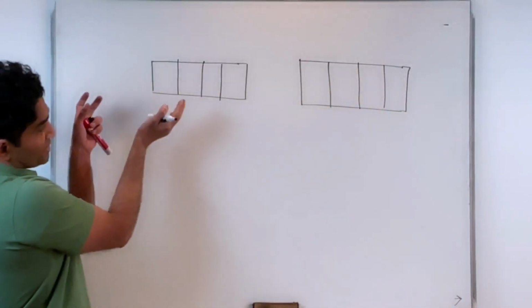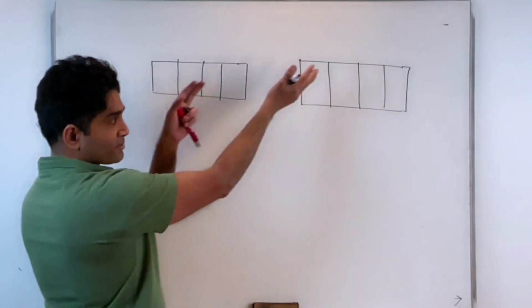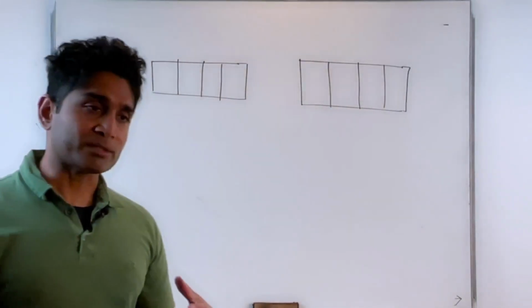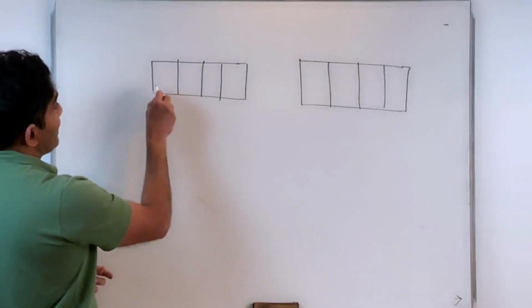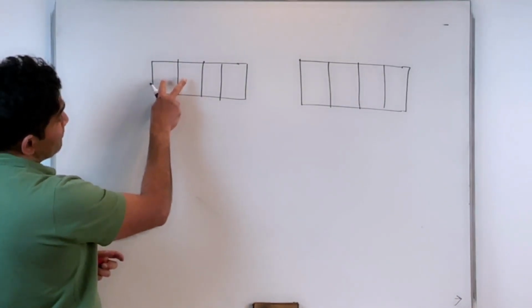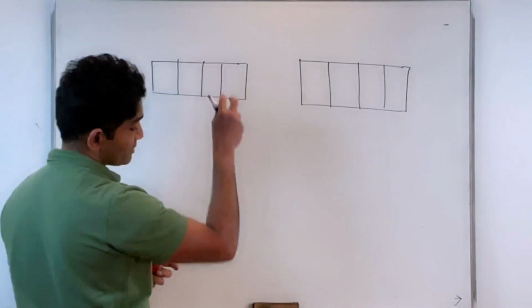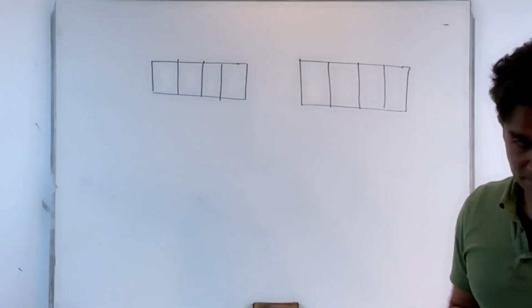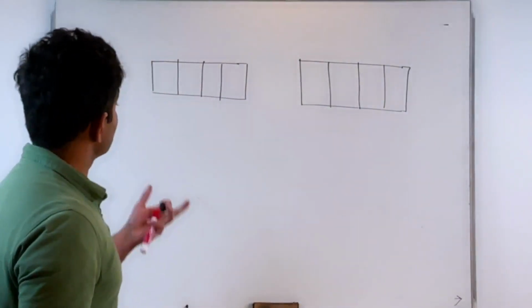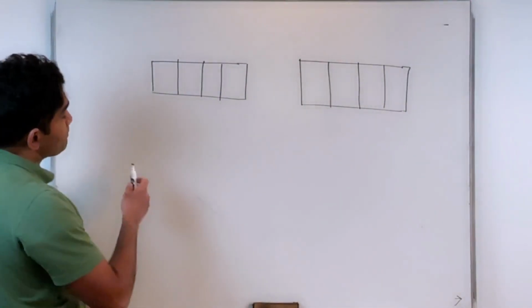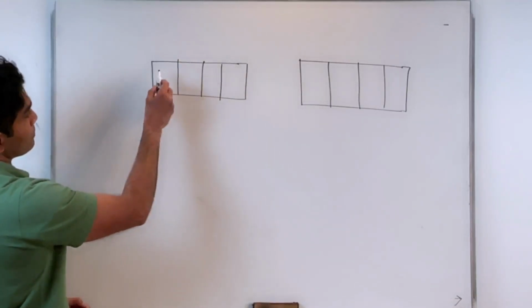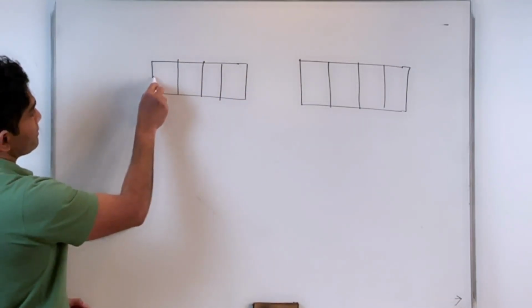I want to shift the contents of this register into this new register, or copy the contents, and making sure that my contents in this initial register are not overwritten or not destroyed. Okay, so for this operation, this is what I will do: a simple circuit that can be configured this way.